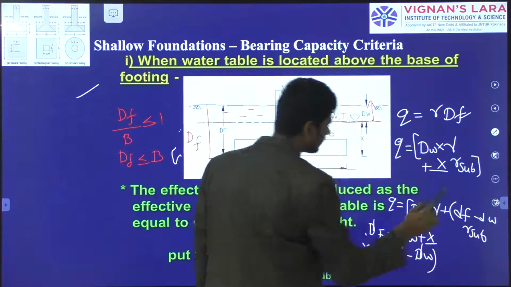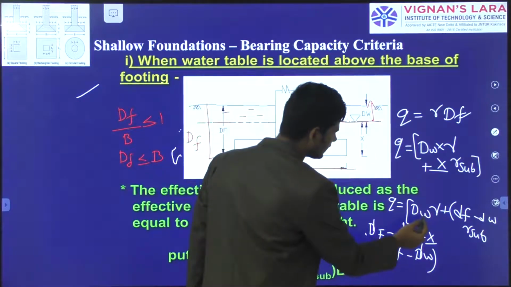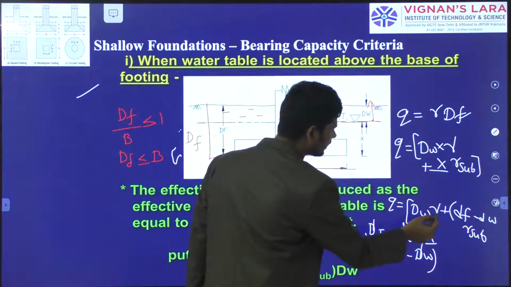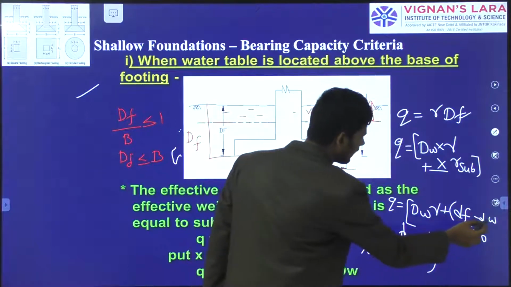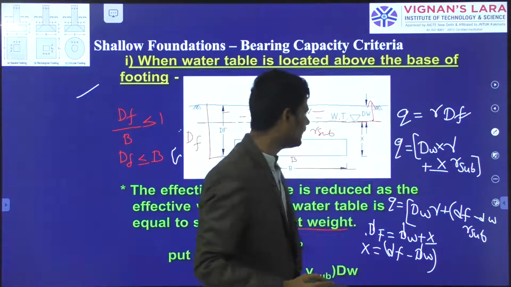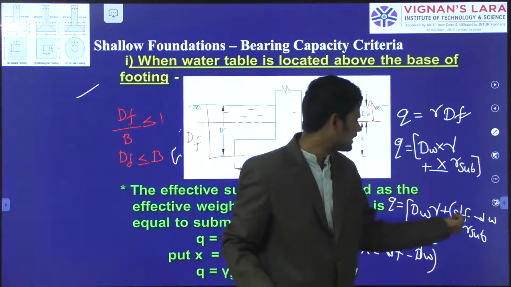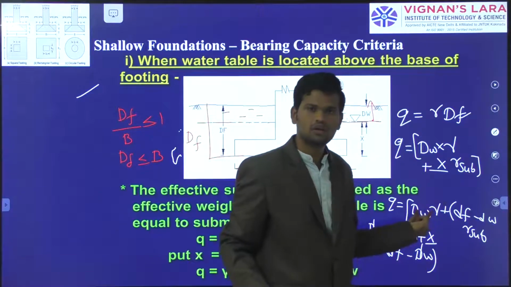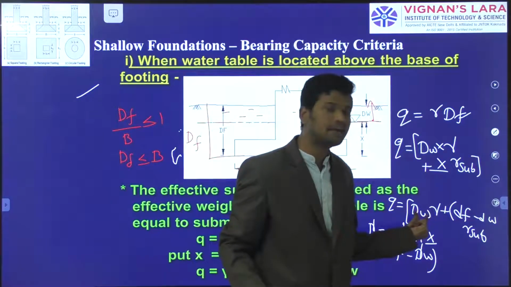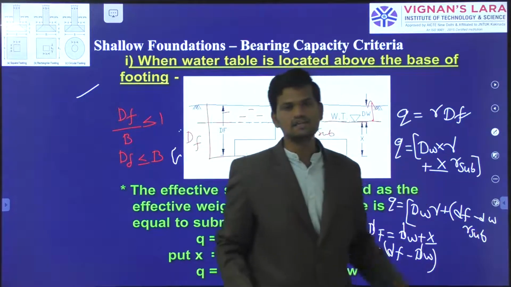Here also we have the depth of water table dw into gamma. Taking dw common, we get gamma minus gamma submerged into dw, as well as df into gamma submerged.